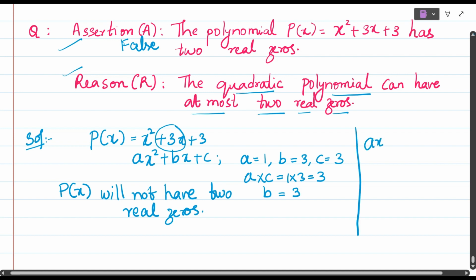This is the standard form. Its degree is 2. Degree is 2 means how many solutions it will have? It will have two solutions. Means it will have two real zeros. Okay. So this reason is true. Understood, students? So assertion is false here and reason is true.